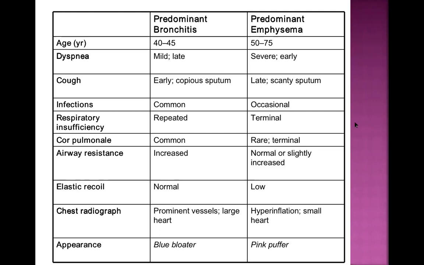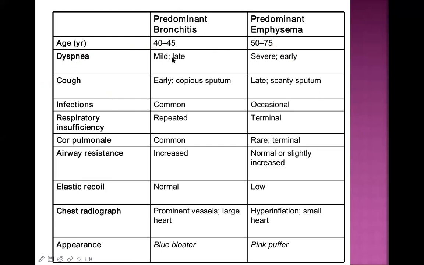Okay, now let me explain. Now look at the age. Chronic bronchitis patients usually start, even the older patient may present with chronic bronchitis, that's not the meaning, but the initiation of the disease may occur from the age of 40 to 45, whereas emphysema patients are a little bit older.